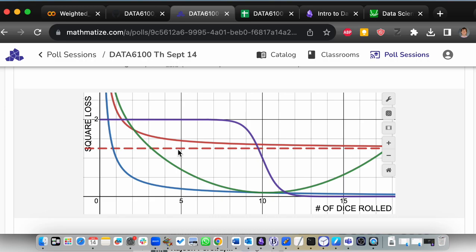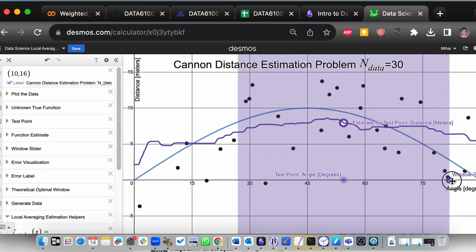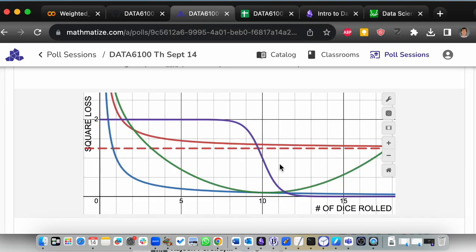So how is it possible that the delta is having this weird role? Some people's instinct is that delta should be as big as possible. If you make delta, the window, really, really big, you're averaging a lot of points, and averaging a lot of points is exactly why this thing is like having more dice.